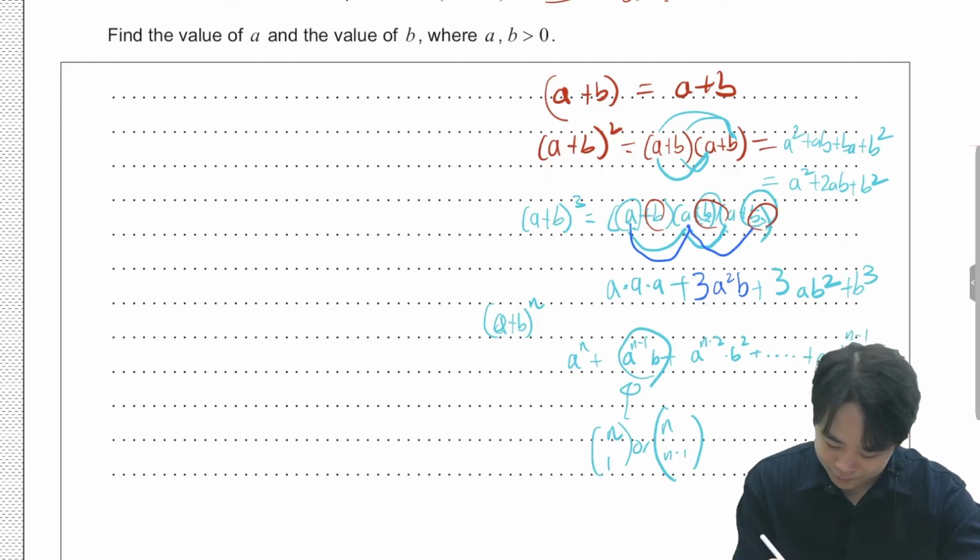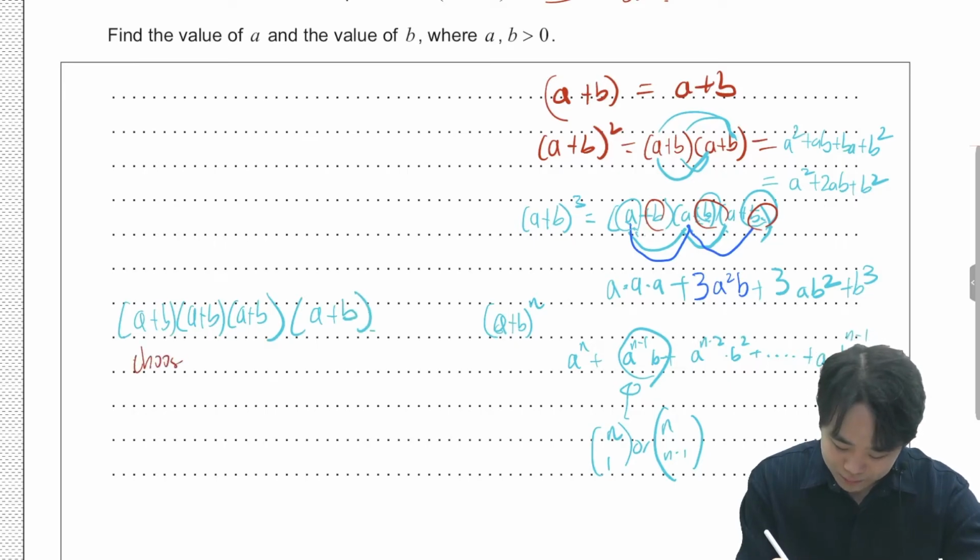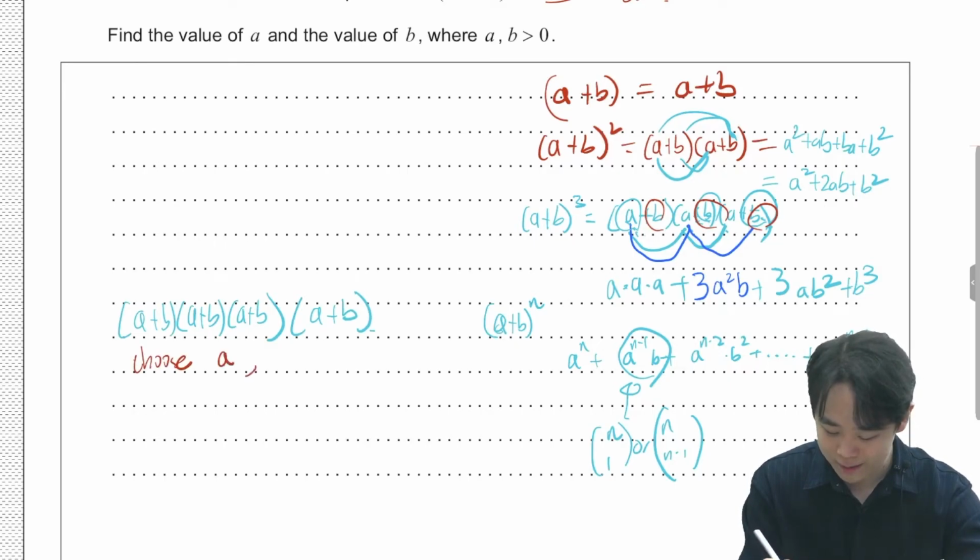Because in this case, if we have a plus b, let's just say we have 4 of these. So we need to choose a, let's say r times. That means we need to choose b n minus r times.